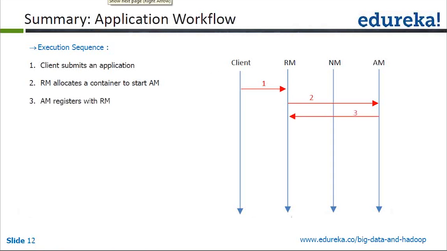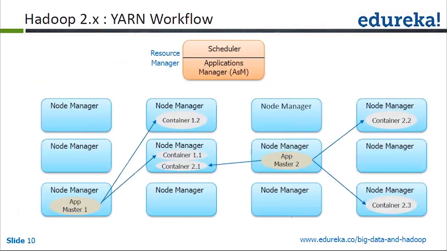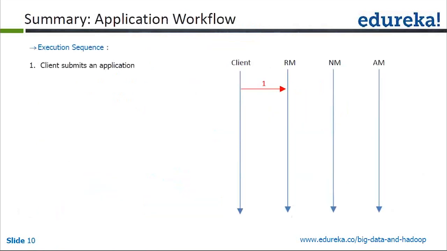So this is the workflow. The resource manager allocates a container to start the application master, and then the application master registers with the resource manager, asks for containers from the resource manager, and then notifies the node manager to launch the containers, and that's what we saw here.